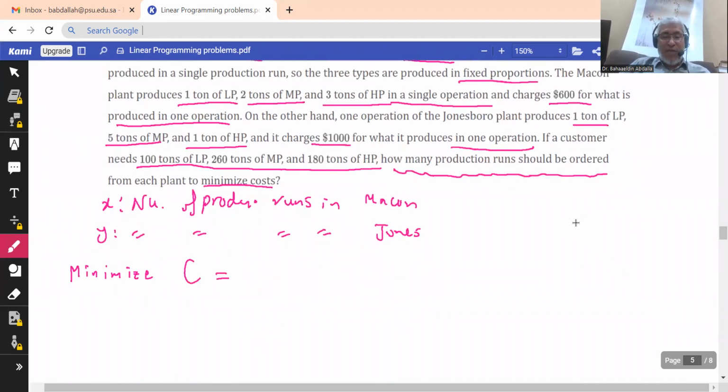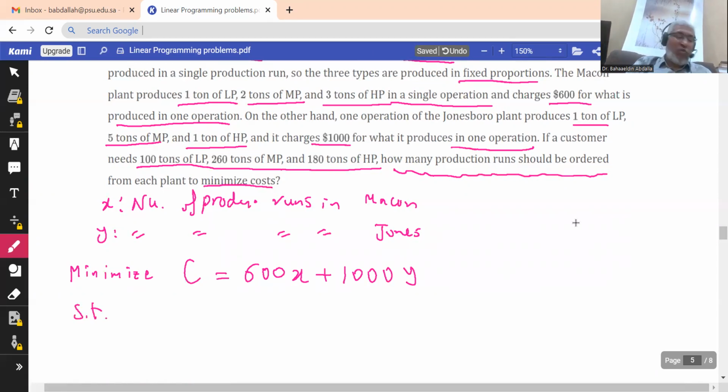How many operations in Macon? We call them X. So if I multiply 600 times X, I will get the cost of producing from Macon, and $1,000 for each production run in Jonesboro. So this would be the cost function.